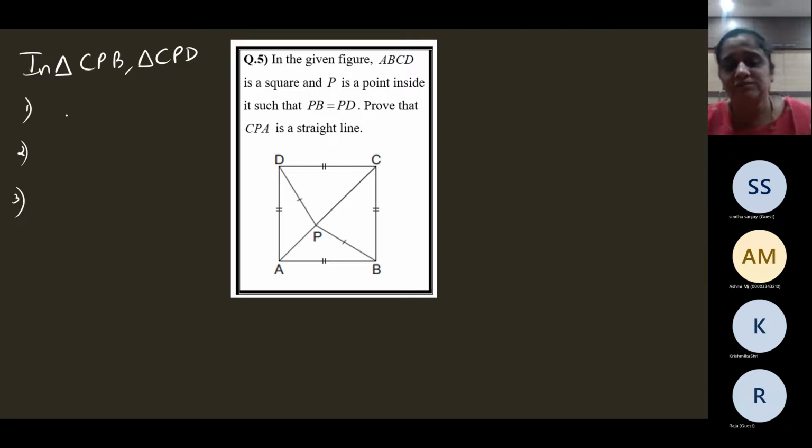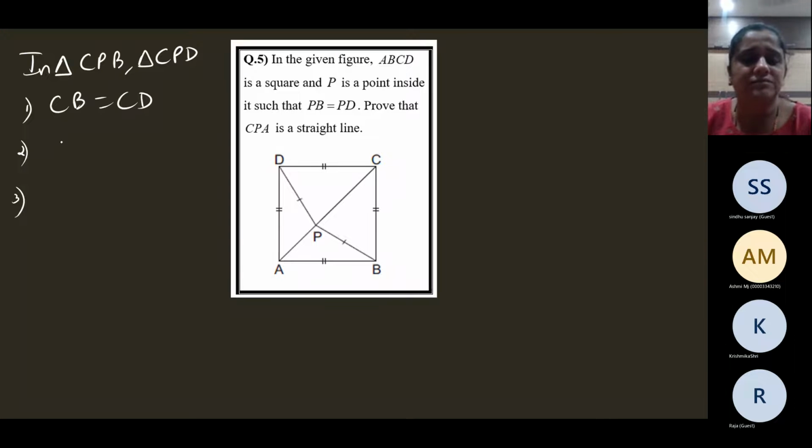Yes, darling, faster. Ma'am, BC is equal to CD, ma'am. Come again. Ma'am, CB is equal to CD, ma'am. I think you said CB is equal to CD.